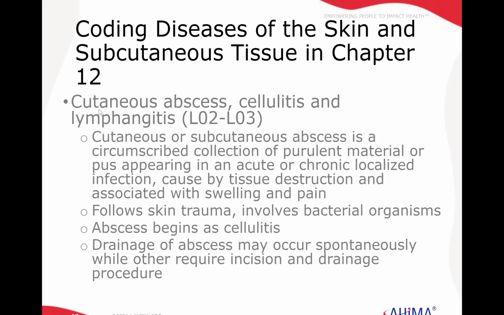What happens here is we have some sort of injury or insult to the skin, we get bacteria involved, and then it's growing below the skin and resulting in this inflammation below the skin called cellulitis or abscesses.